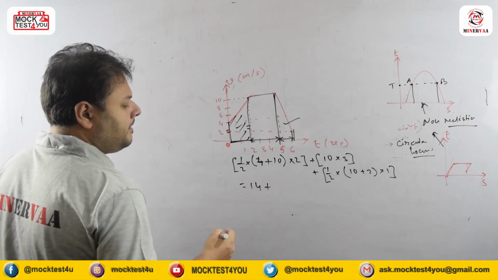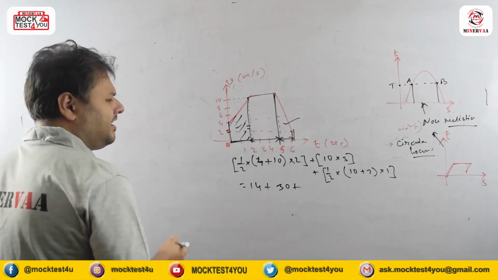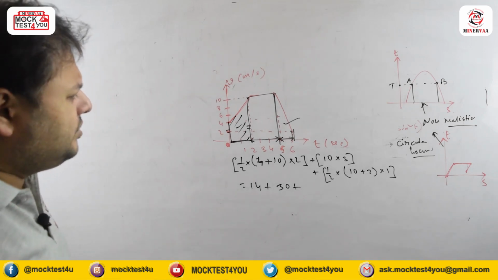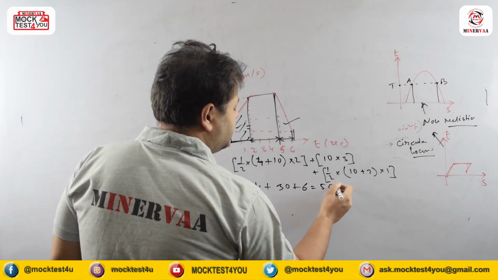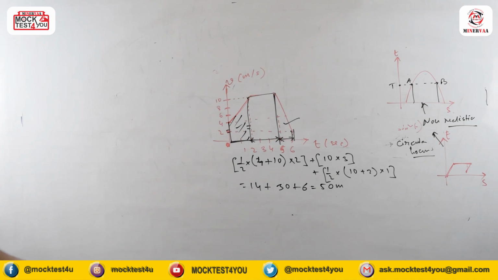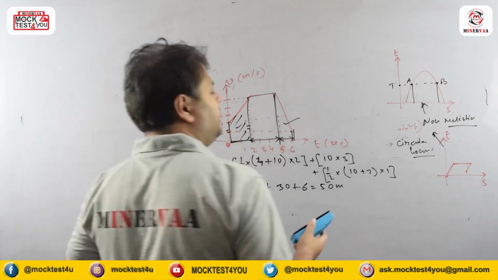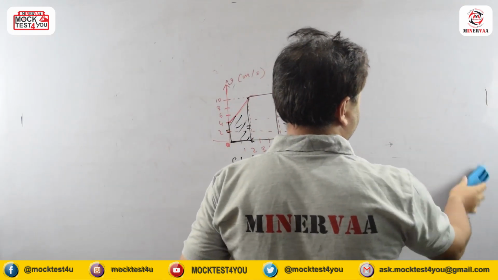So finally plus 30 plus, it's coming as 12, 12 means 6. So it is 50 meter. So the total distance traveled by this particle along a velocity time graph according to this nature will be 50 meter. So this is a kind of question we can expect anytime from this particular approach.